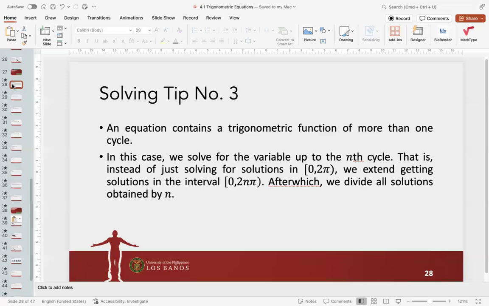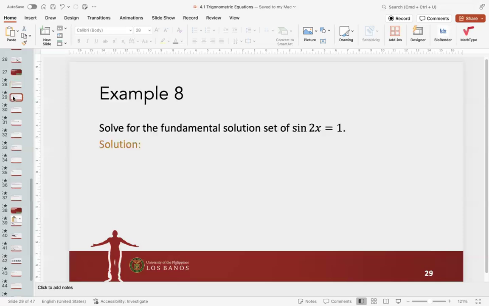So whatever the value of b is, or the coefficient of your variable is, we just have to substitute that to n so that we will know the length of interval that we need to find the solutions in. Okay, so to make that clearer, we're going to have some examples.